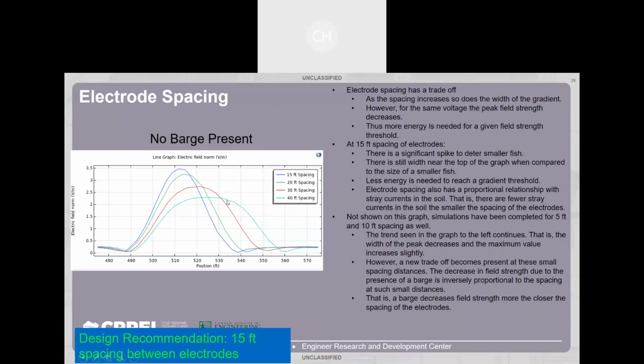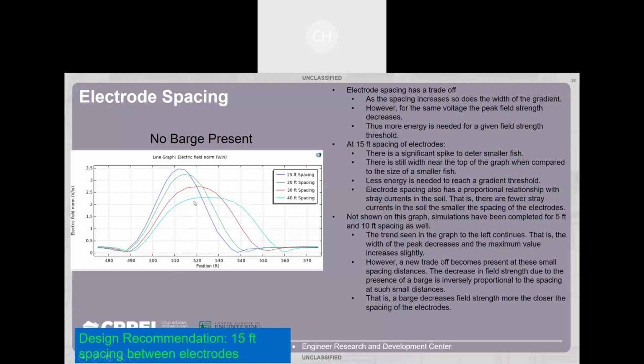For all of these, the same voltage is used. Assuming the same voltage and the same energy requirements, the wider the electrodes get, you get this much wider field, but at a much lower peak.